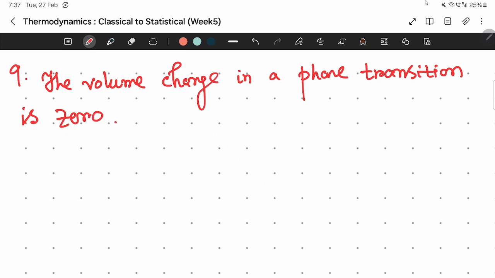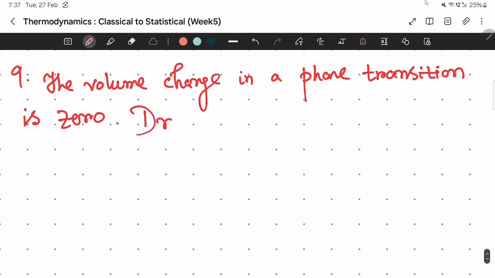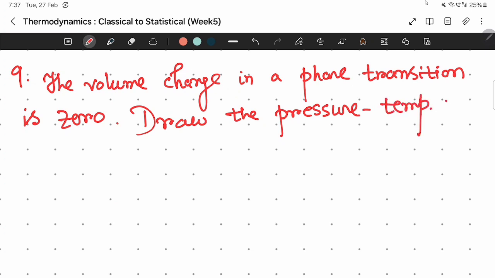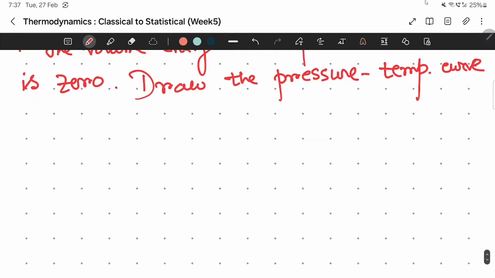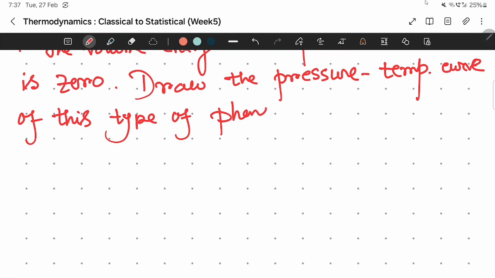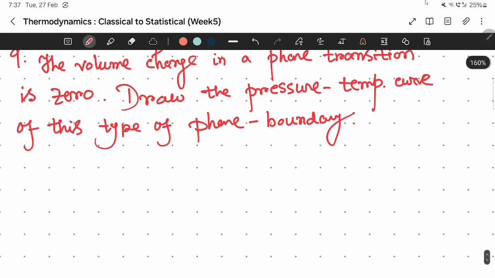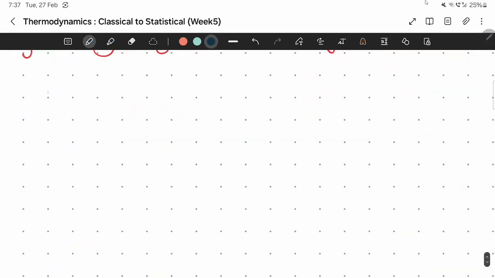Draw the pressure temperature curve of this type of phase boundary. Okay. So if you remember any phase diagram, let me draw it for water.